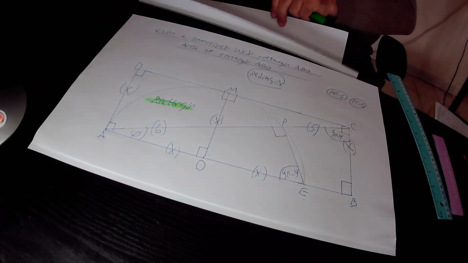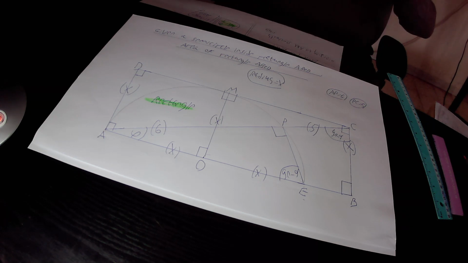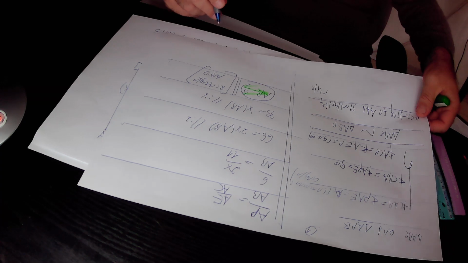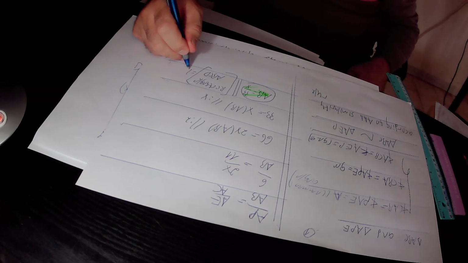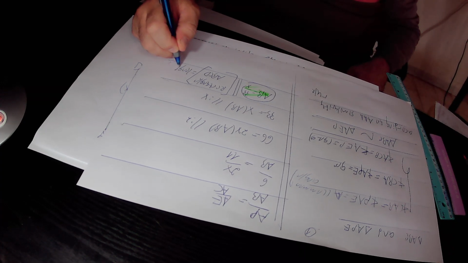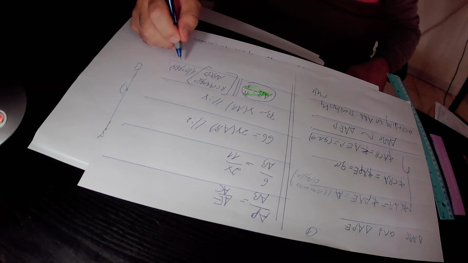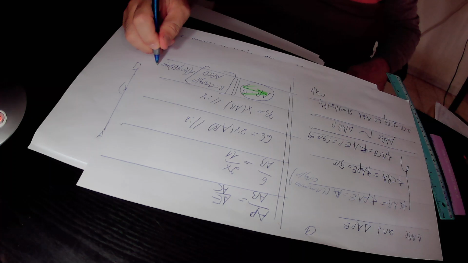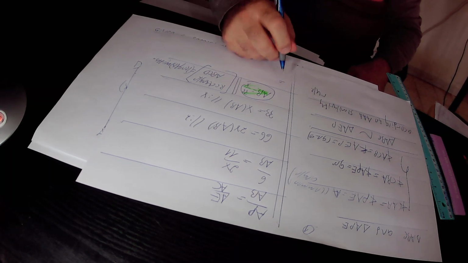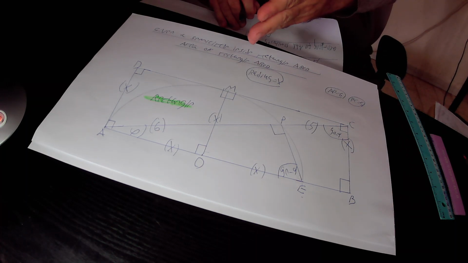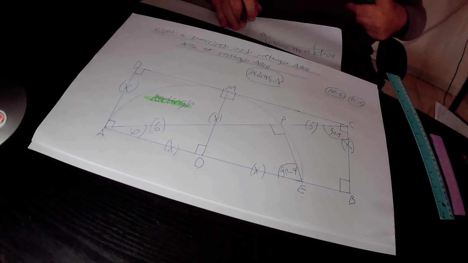Actually, we know that the area of any rectangle equals the length of the rectangle times the width. And therefore, the area of this rectangle ABCD must be equal to the length of this rectangle ABCD times the width.